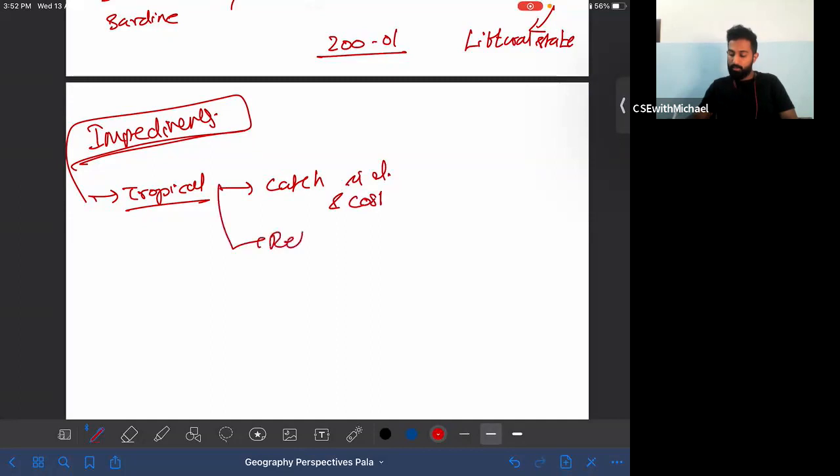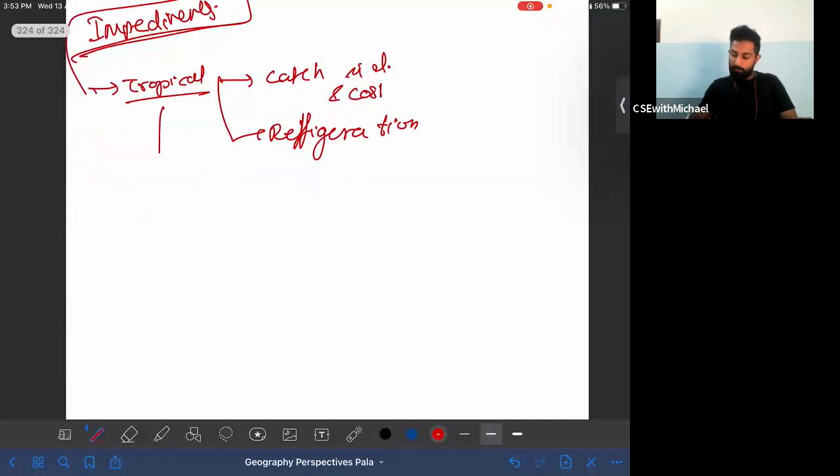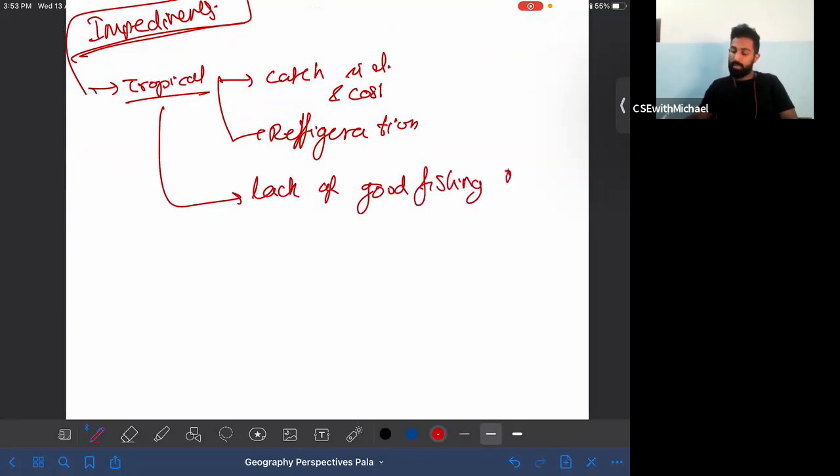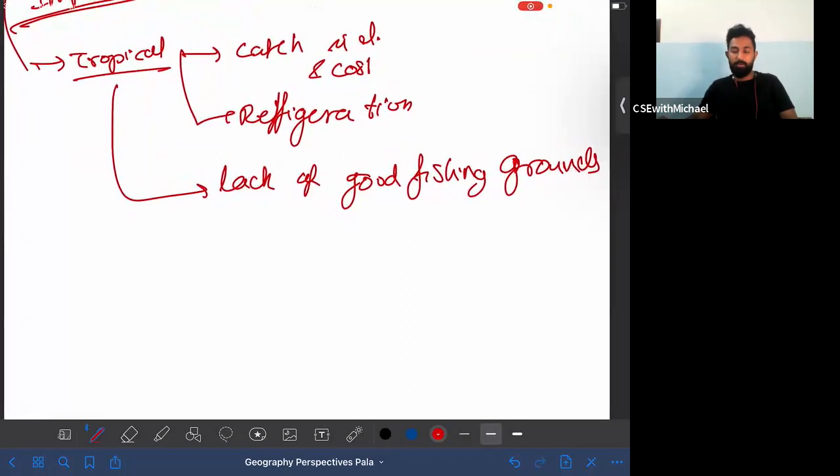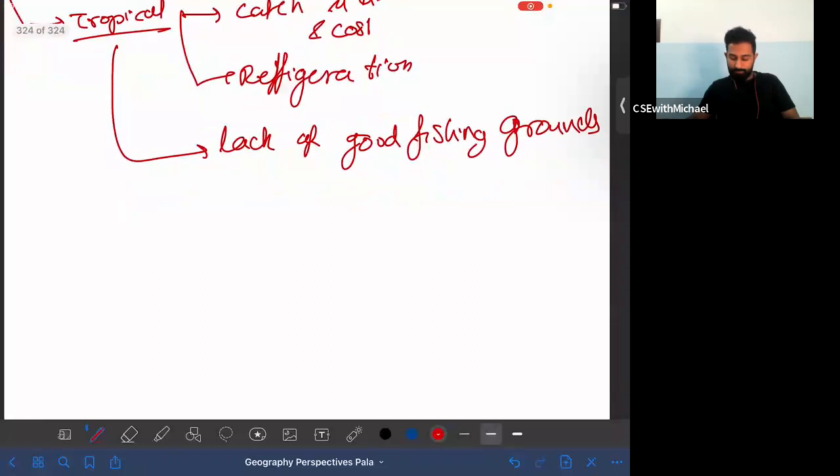Refrigeration is required, and refrigeration cost is high. There is also a lack of good fishing grounds. For example, you know the case of Newfoundland, Grand Banks, etc. There is mixing of cold and warm water, upwelling, and a lot of sediments. All these are advantageous things.